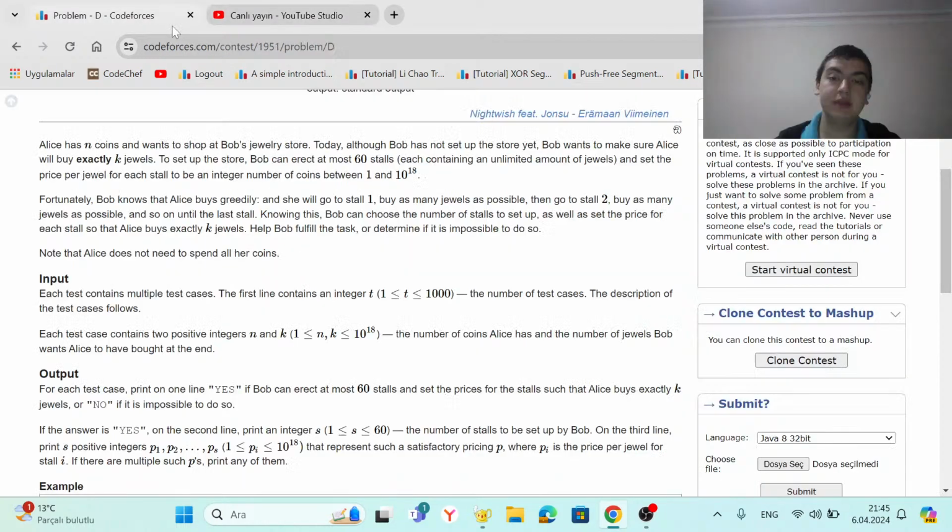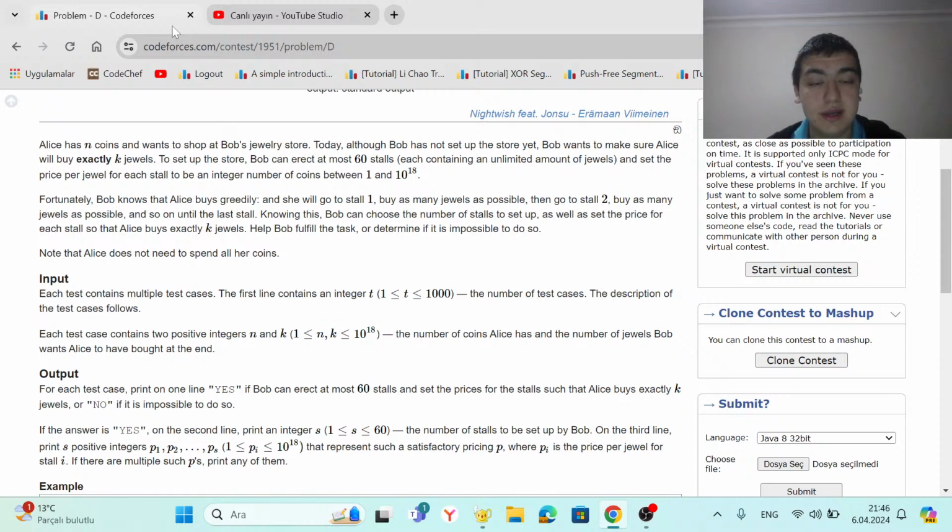Then she goes to stall 2, buys as many jewels as possible, and continues until she reaches the last stall, buys some jewelry from there, and stops.